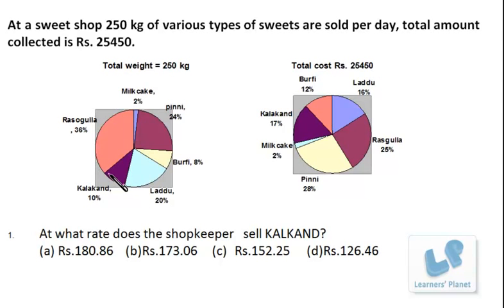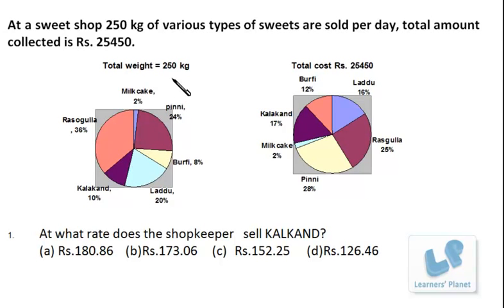Now what exactly is this data showing? Out of total weight 250 kilogram, 2% was milk cake, 24% was pinni, 8% was burfi, laddu was 20%, kalakand was 10%, and rasgulla was 36%. The total of all this is 250 kilogram.